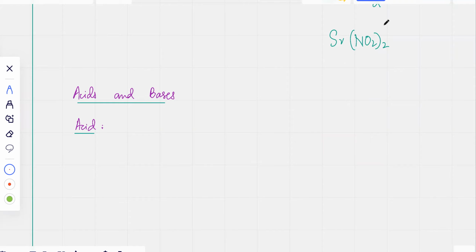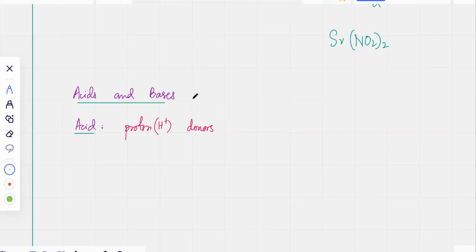They turn litmus paper red. But what are acids? Acids are proton donors. What that means is, an H+1 ion is referred to as a proton. That is what an acid is.